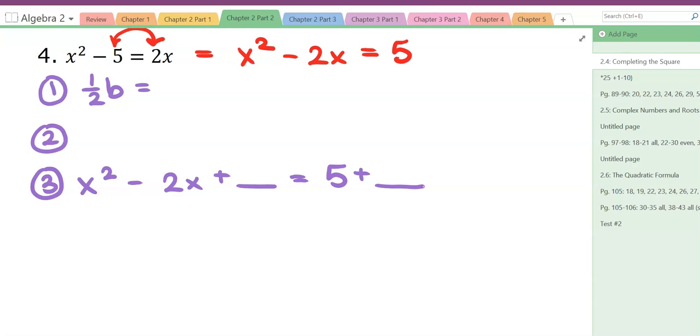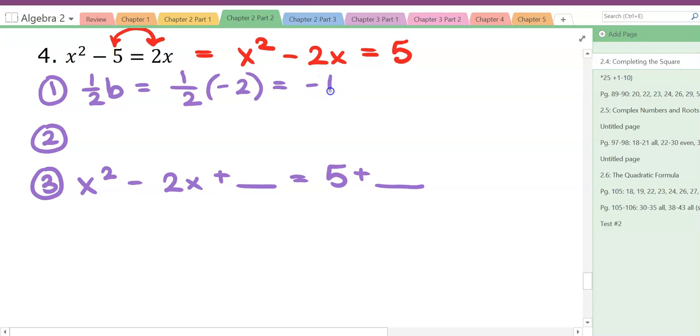So can you guys tell me what number is in the B spot? Like which number did you use for B? -2. It's always the number in front of the x term is your B. So we're doing 1/2 of -2. What is 1/2 of -2? -1.